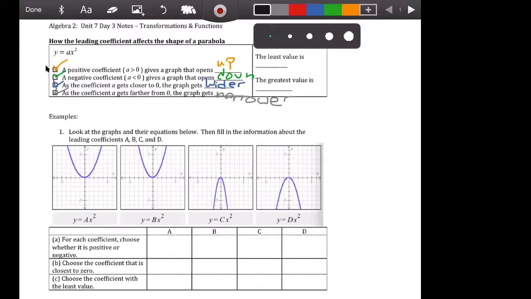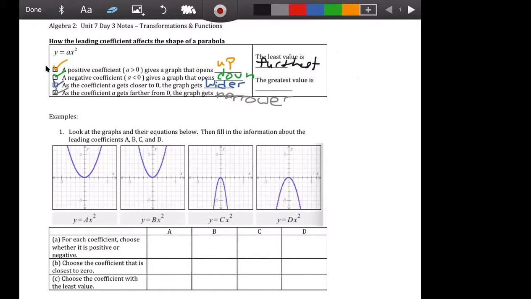The least value, that takes you all the way back to pre-algebra. If you have a number line, the least value is the number that is furthest to the left. If you have any negative numbers, obviously the negative numbers have a lower value than the positive numbers.